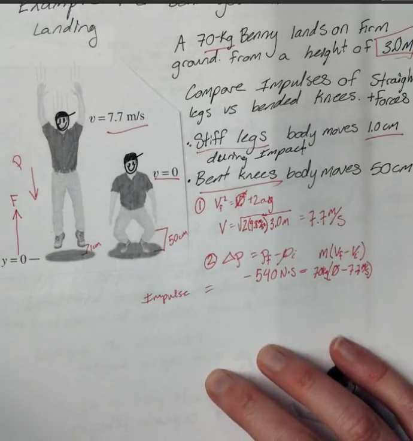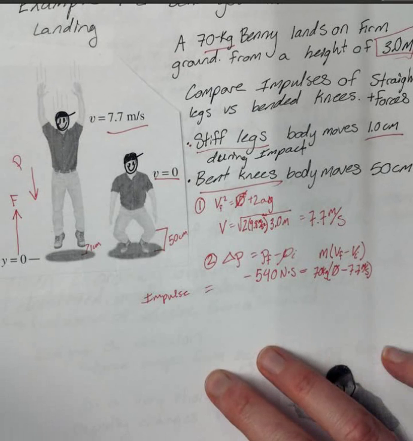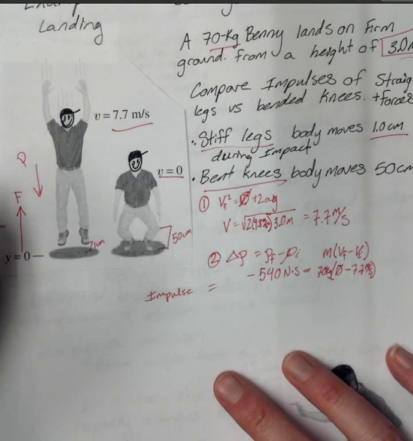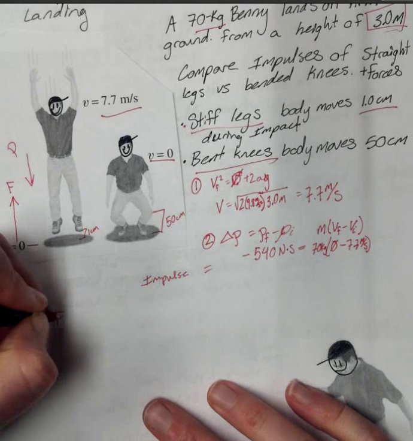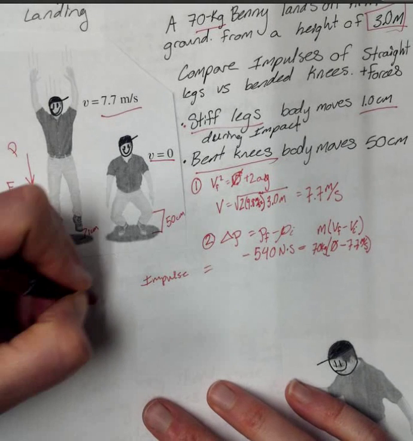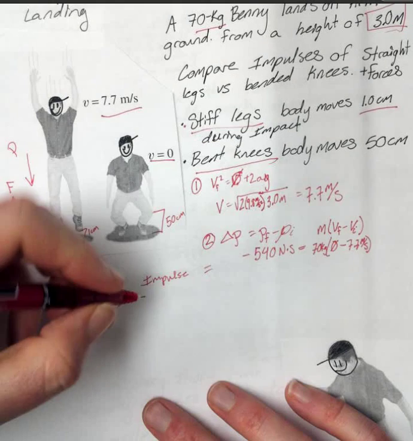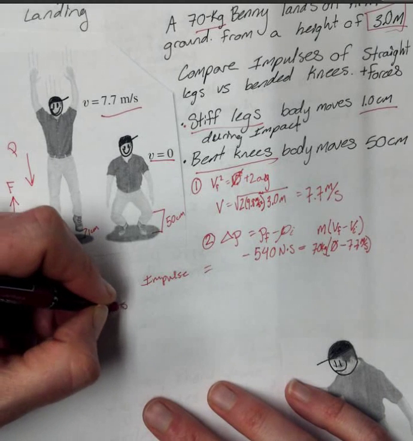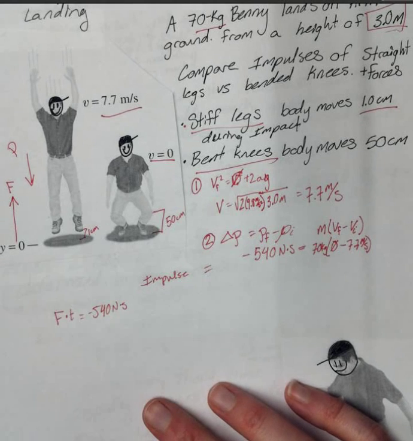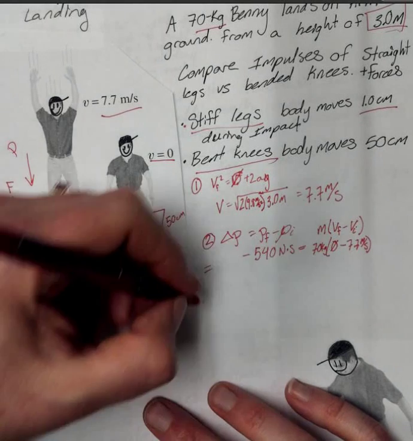This upward force has a value, and we can actually solve for the upward force value by figuring out the time, because remember that impulse is force times time. So if we have that impulse, negative 540 newton-seconds, then we can solve if we have time. And we can solve for time using kinematics.